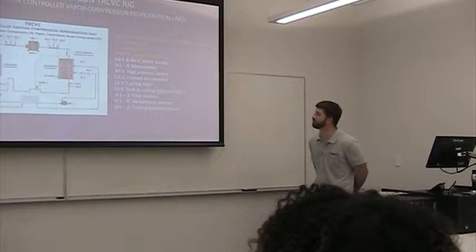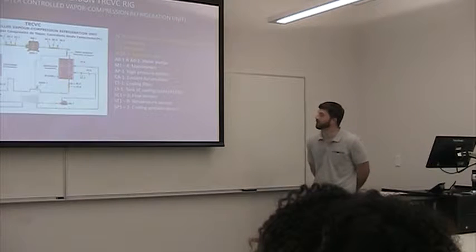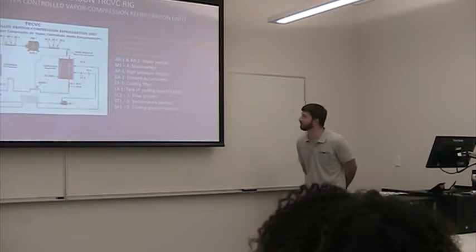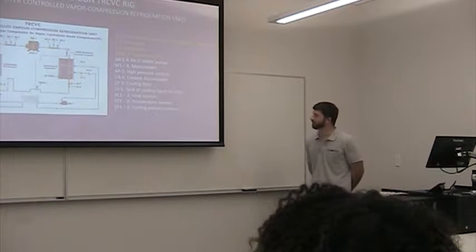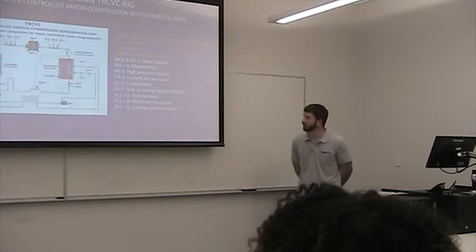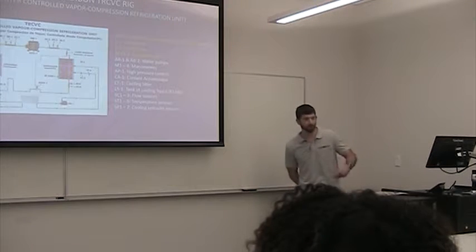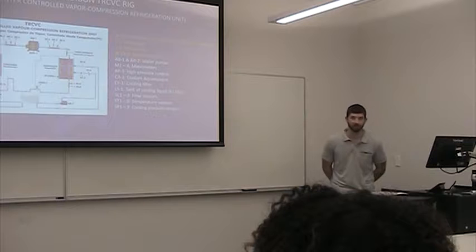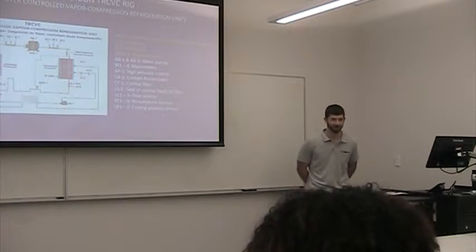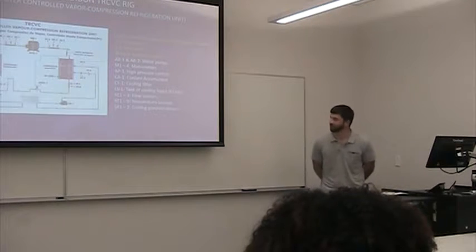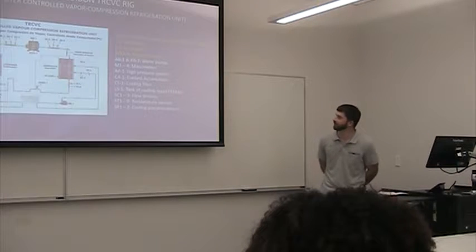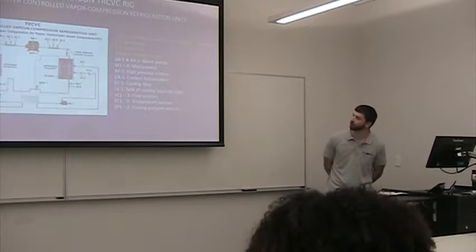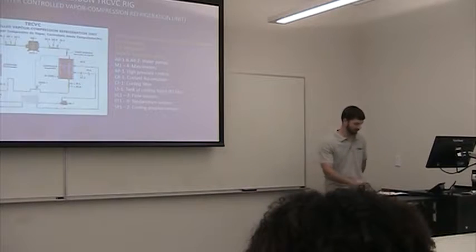So I tried to highlight the four main components in yellow, and you'll see there's a compressor, a condenser, and then an expansion valve, and then an evaporator. Those are the four main components in the vapor compression refrigeration cycle. So those are the important ones, and everything else are basically just sensors and pumps and things of that such, and I won't bore you with all their little titles.